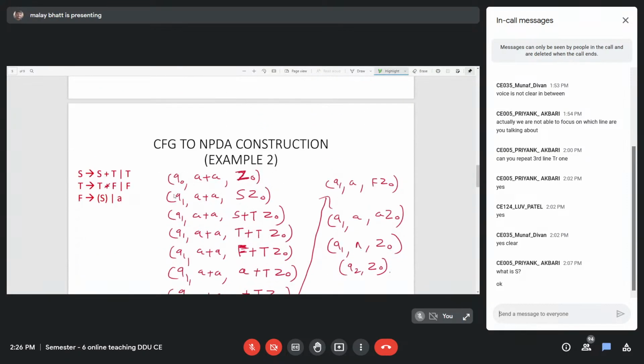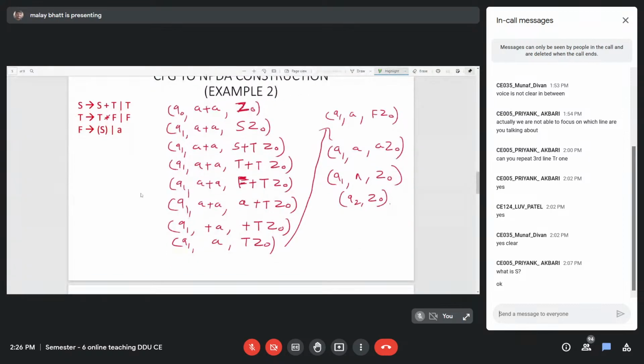Let us apply it. Now using these rules, with Q0, A plus A, and Z0, we'll generate a leftmost derivation on the stack. We'll apply the initialization first. Q0 will be converted to Q1, A plus A, and the top of the stack will be S Z0.